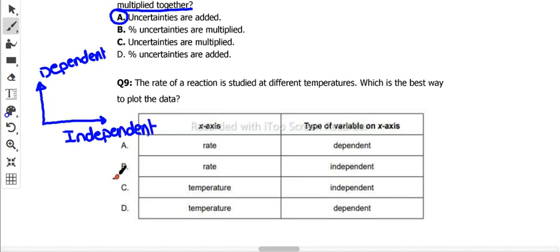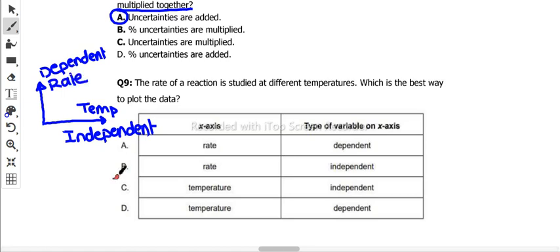So based on these two basic pieces of information, now I'm going to look at my question. The rate of reaction is studied at different temperatures. So what's the variable that I am changing here? I'm actually changing the temperature. And each time I'm changing the temperature, I'm focusing on the rate.